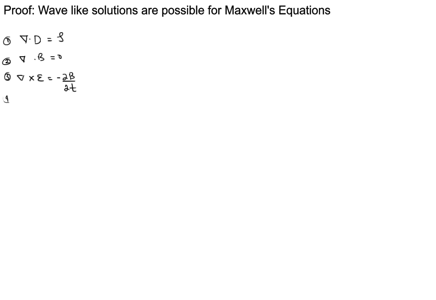Then for the fourth one we have del cross H equals J plus partial D over partial t, where J is the free current density.